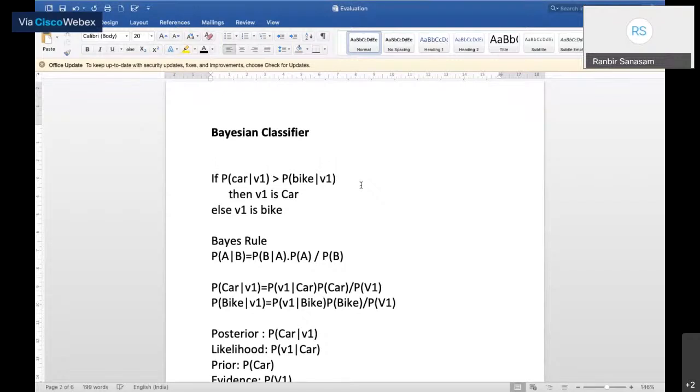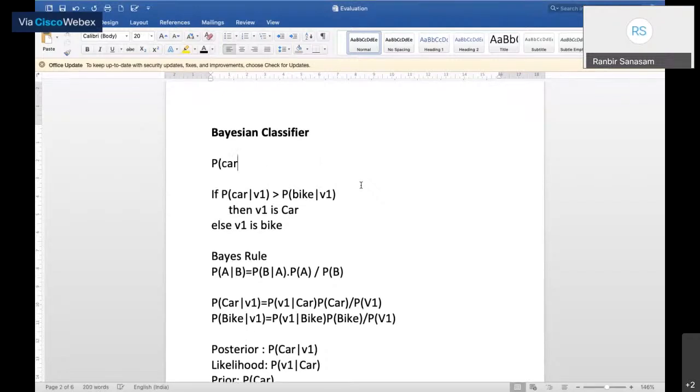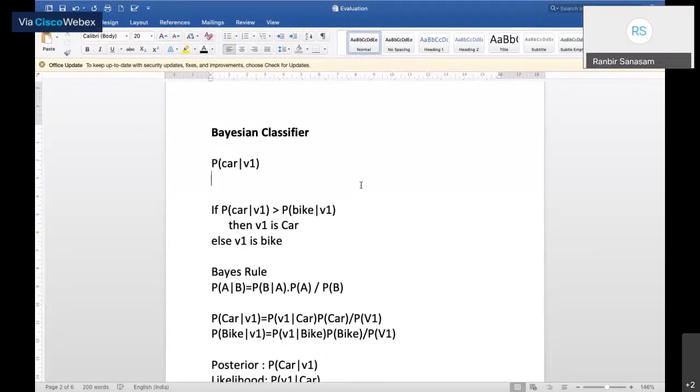I need to find the probability of the class car given vehicle 1. This is what I need to estimate. Likewise, I have car and bike, so I also need to estimate the probability of bike given vehicle 1.